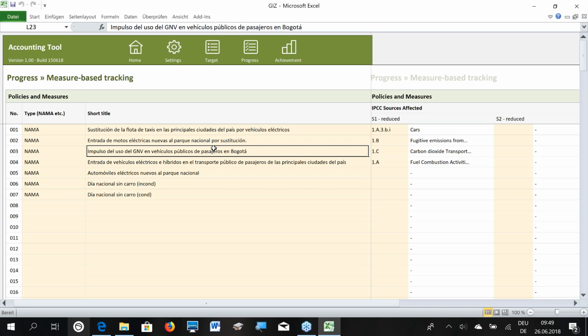If you have a clear idea of what your accounting is, which could be based on your inventory, you could still say, well, the exact number I calculated through my inventory, and this measure-based tracking, I just use it as a backup to have additional information on the performance of single actions.